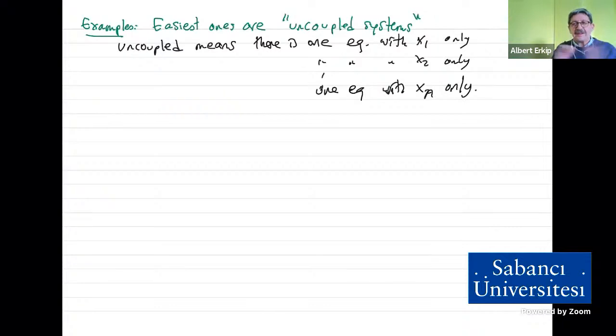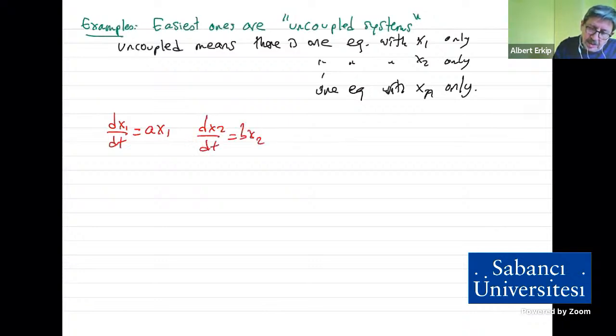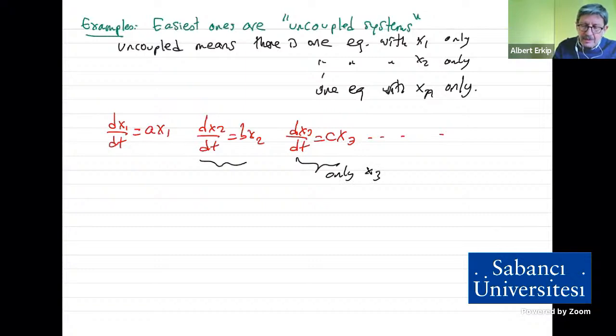In other words, the variables on the right-hand side are totally separated. So typically this would look like this: dx1/dt equals a times x1, dx2/dt equals b times x2, dx3/dt equals c times x3, and so on. Such systems are called totally uncoupled.